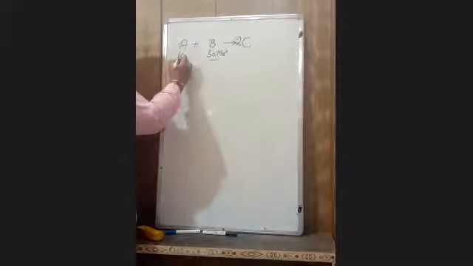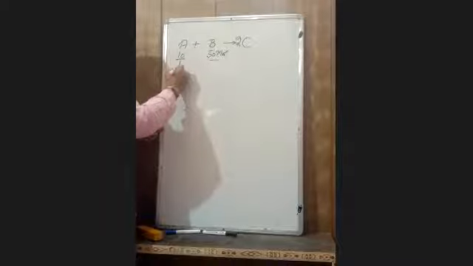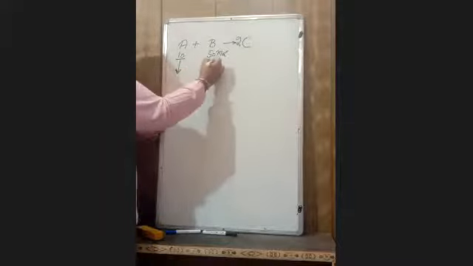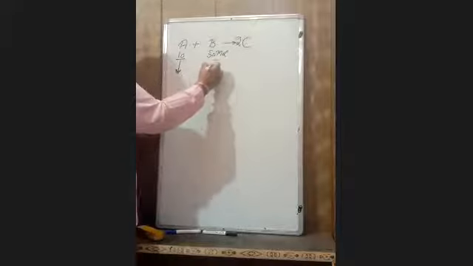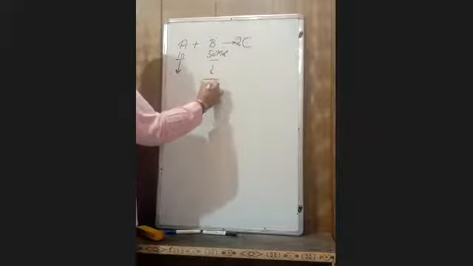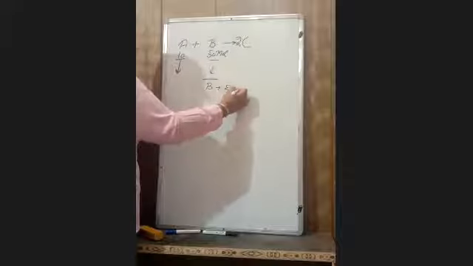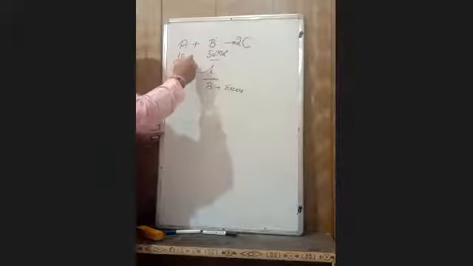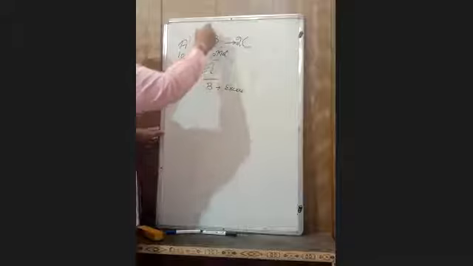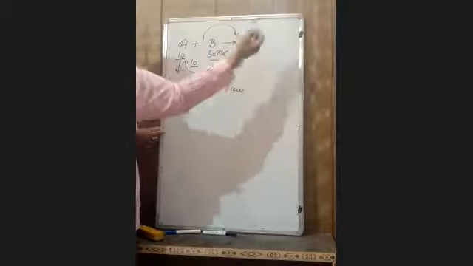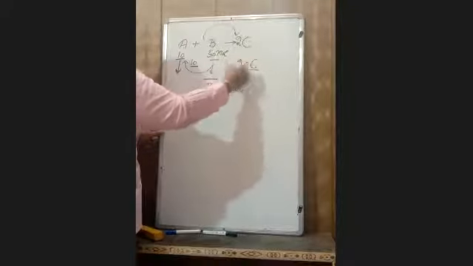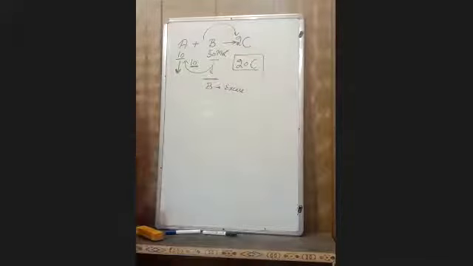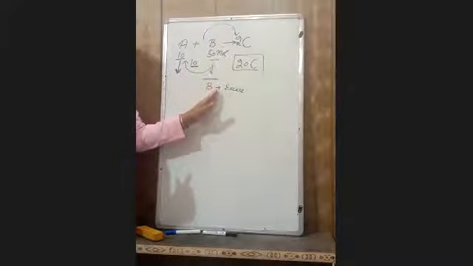B is the excess reagent. It will be left unreacted during the chemical reaction. It only combines with 10 molecules of A to form 2 of, or I should say 20 of C. Clear? Because it will be left unreacted during the chemical reaction.